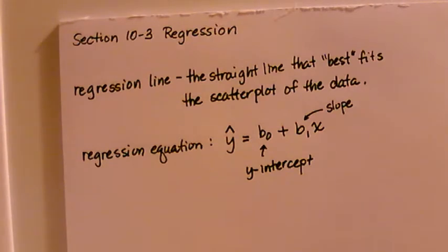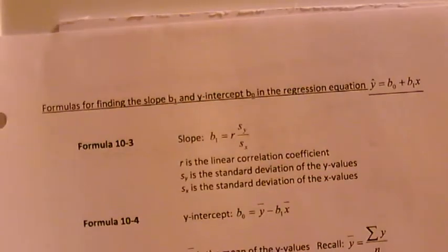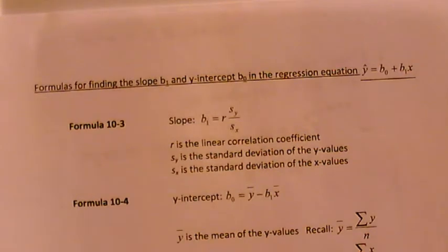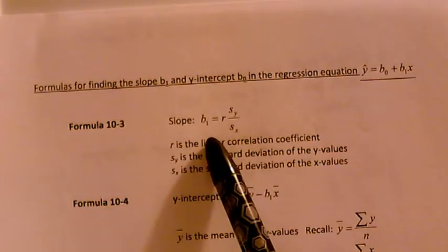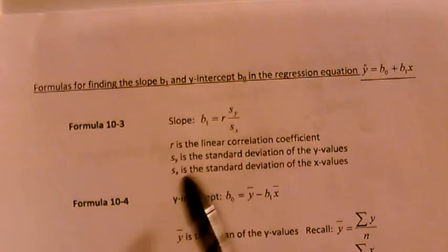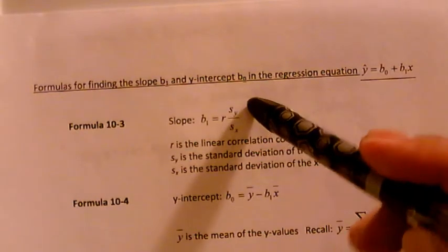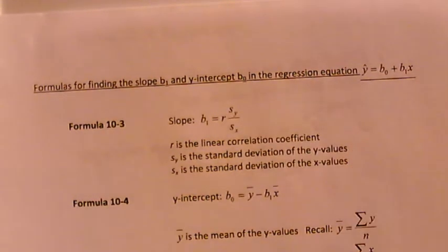Now I'm just going to introduce the formulas for finding a slope and a y-intercept in the regression equation. Now for the b sub 1, that's going to be equal to r, which is the linear correlation coefficient, times the standard deviation of your y values over the standard deviation of your x values.